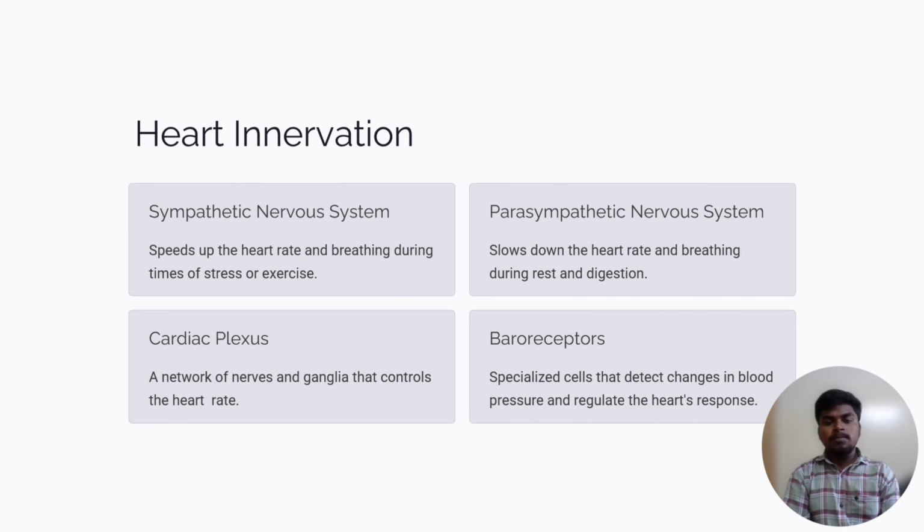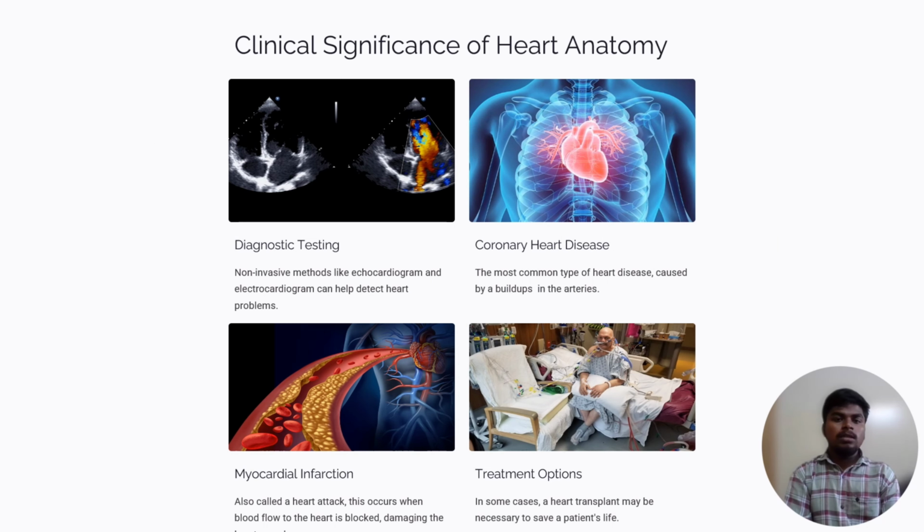Baroreceptors are specialized cells that detect changes in blood pressure and regulate the heart's responses. In the clinical significance of the heart, there are four types: diagnostic tests, coronary heart disease, myocardial infarction, and treatments for heart diseases.